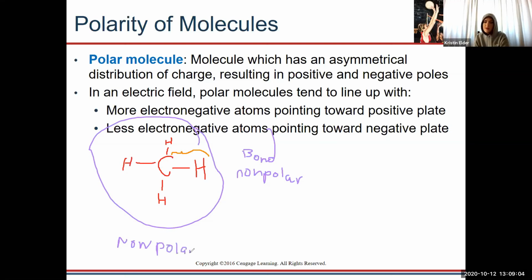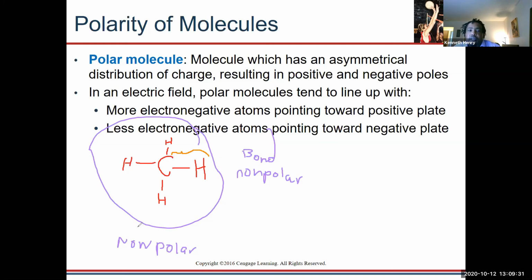And it would be the same way if it was a polar molecule. It would follow the same reasoning, but it would be a polar molecule. So would this be symmetrical or asymmetrical? Symmetrical basically means that you have an even distribution of charges across the entire thing.